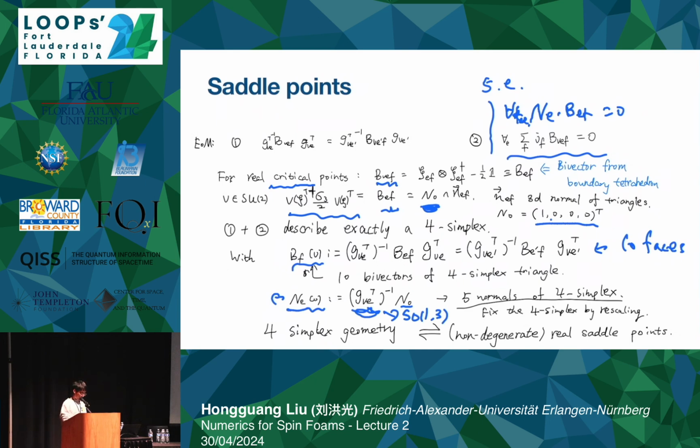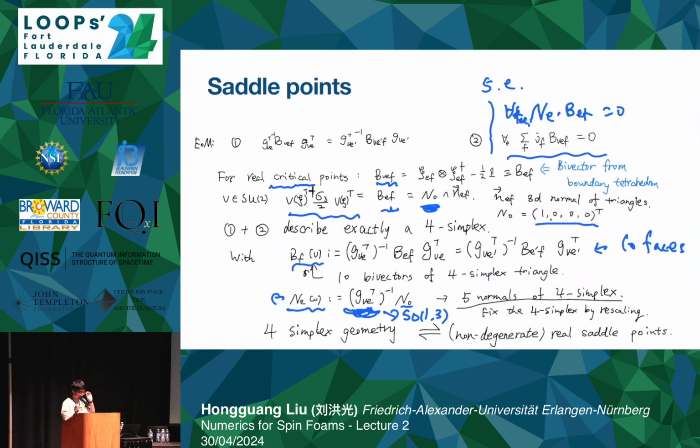So all of our normals are just given by the SO(1,3) rotation of the time direction. And from here, we can already write out the group element of this SO(1,3). And that's the solution of our critical equation.